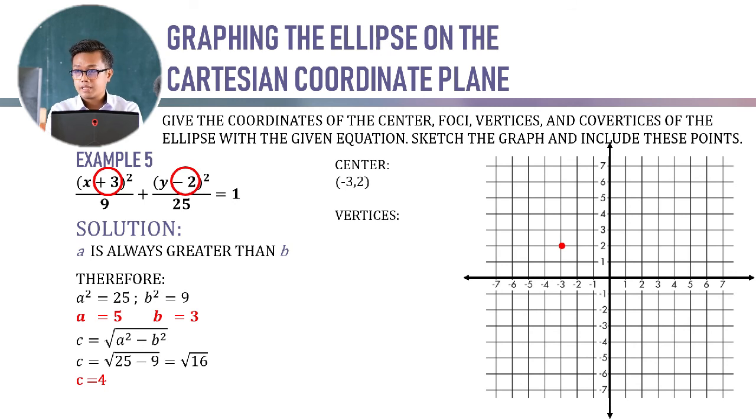Therefore, from your center, makount kita 5 units above your center kag 5 units below your center for us to find out kung pila ang value or ano ang coordinate sa imong vertex. Okay, let us try to find out sa pakadto padalom sa imong center. So, ma-minus ka sang 5 sa imong 2 kay ang value sa imong a is equal to 5.